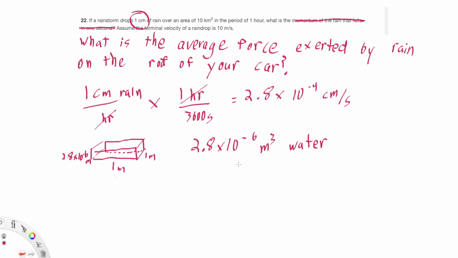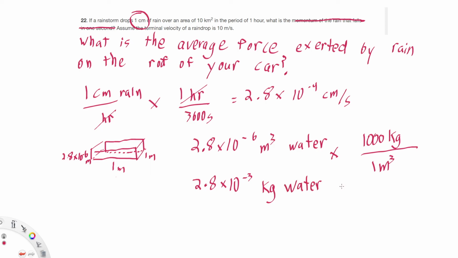But in physics, we don't usually deal with centimeters, so we'll be talking about it in terms of 1,000 kilograms per cubic meter instead. So we have 2.8 times 10 to the minus 3 kilograms of water per second.